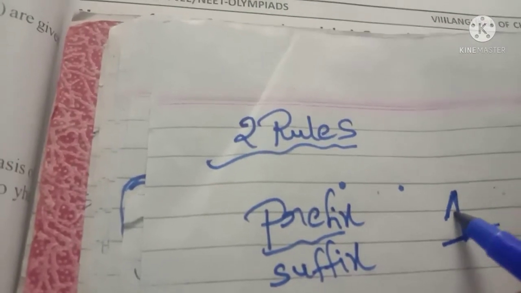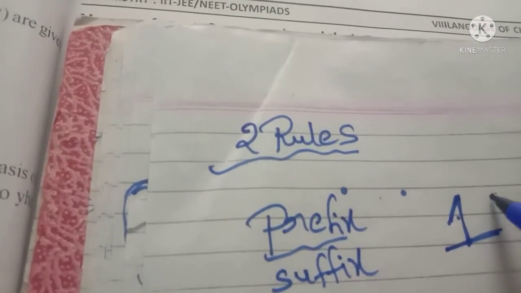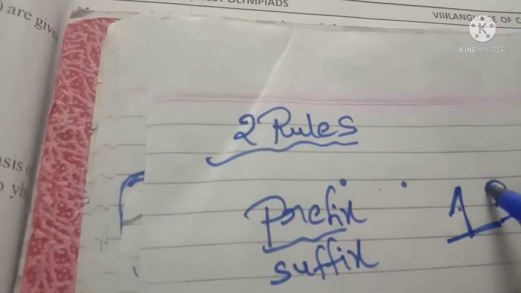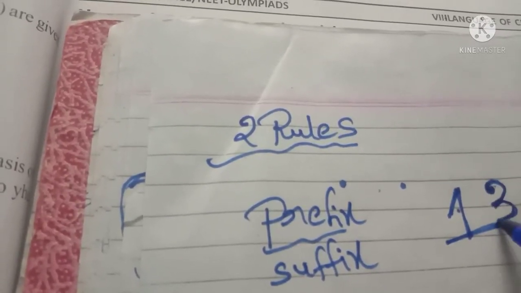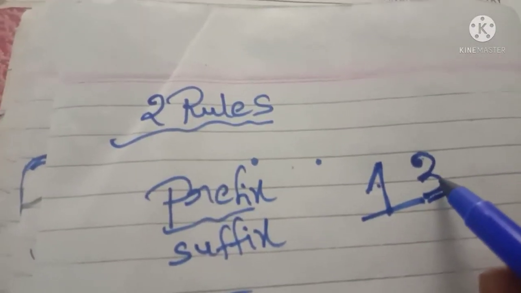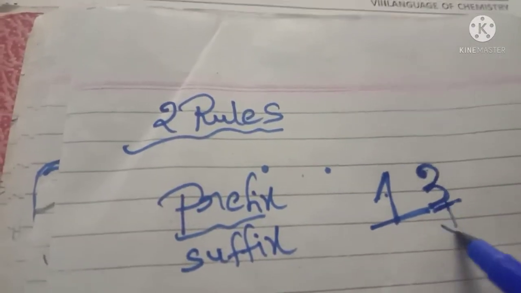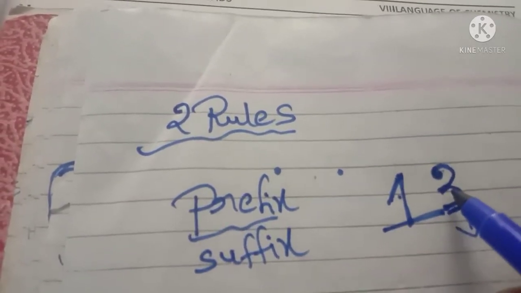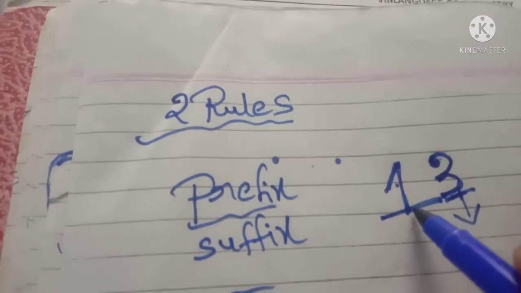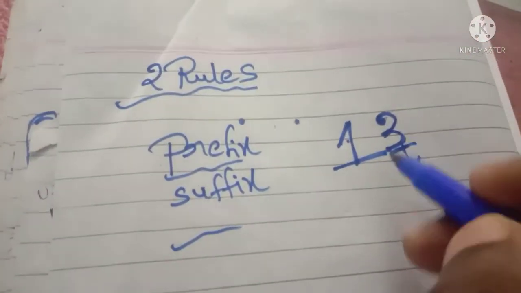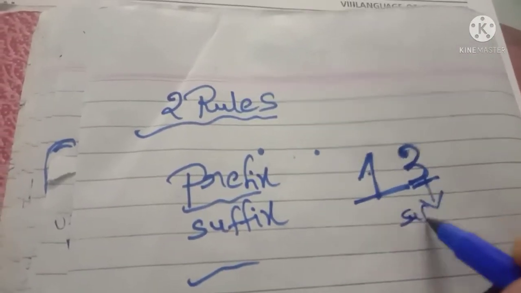Now after this number, if I write some 3, after this number I wrote a number 3. The number or word which is coming after a given or particular number is called suffix.